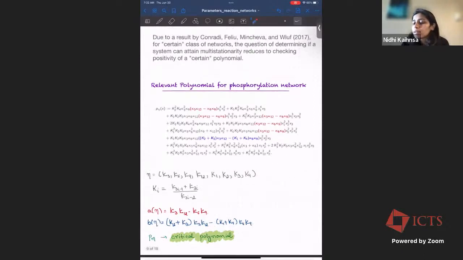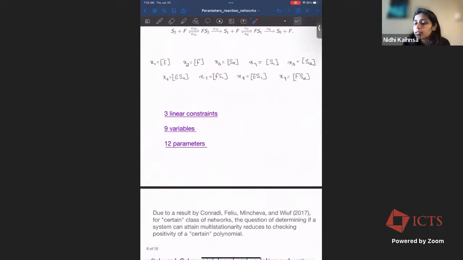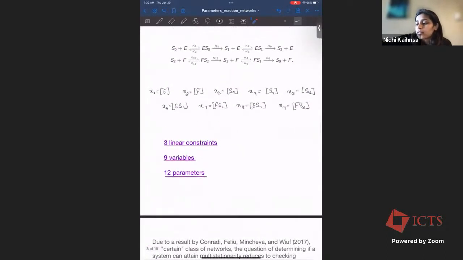Right, so you have the xj's, and you just take the Jacobian. What do you mean by the steady states? Well, the steady states are also parametrized.